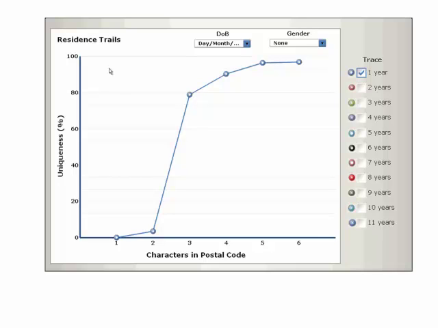If we only look at adults, so if we took all the youth out of this and only looked at adults, about 99% of the population of the island of Montreal is unique. So essentially, your date of birth and 6-character postal code is a unique identifier.